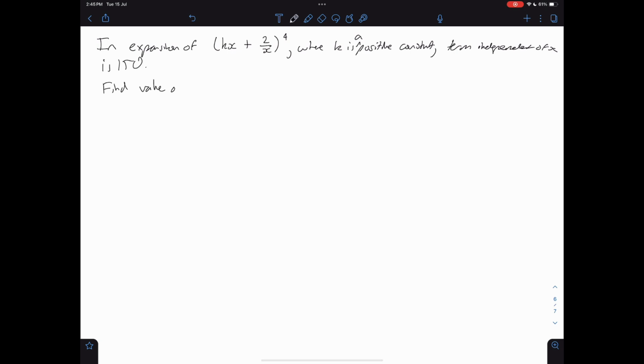From this information, find the value of k and hence determine the coefficient of x squared in this expansion.